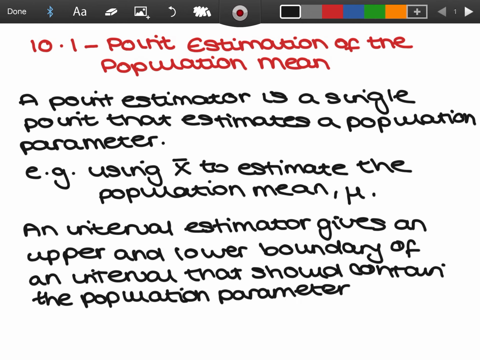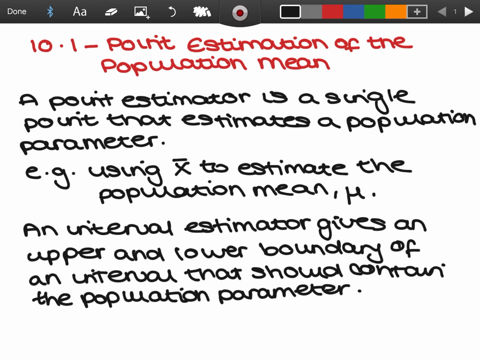Okay, so what an interval estimator does is it will give you an interval. It will give you an upper and lower bound of an interval that we hope will contain that population parameter. So we could have an interval that we hope would contain the population mean.